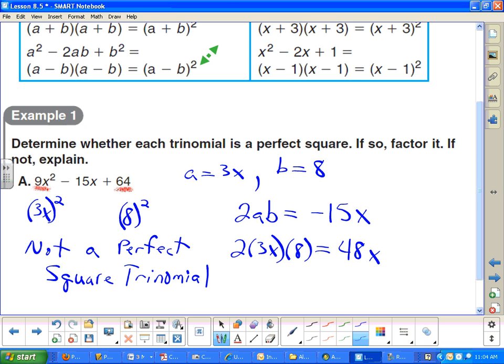So we're looking to see if the first and last terms are squares. Okay. If they are, then I check to see if the middle term is equal to 2 times those two things that are squared. All right, so let's look at another one.